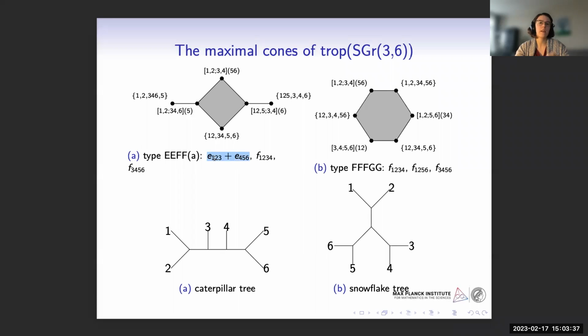This is a self-dual sum, right? Because I have 1, 2, 3 for the first index and 4, 5, 6 for the second. So this ray again is self-dual. And for the type FFFGG, we cut exactly by those 3 rays that are self-dual themselves, these Fs, while the Gs just vanish. They're not in the self-dual locus. Okay, that's everything on the tropical Grassmannian 3/6.